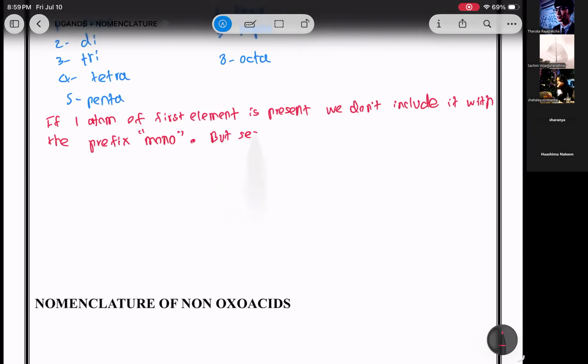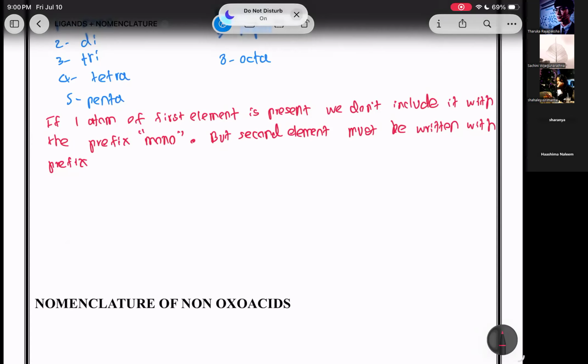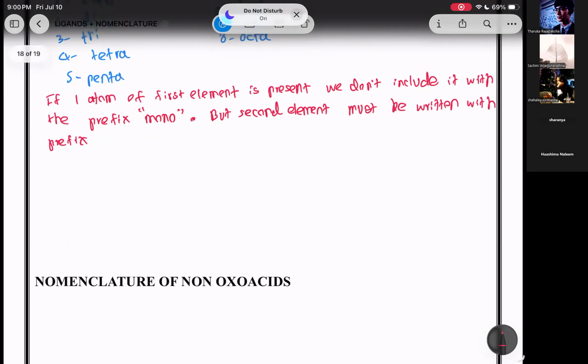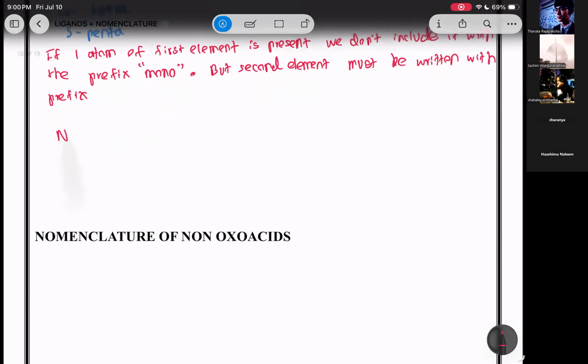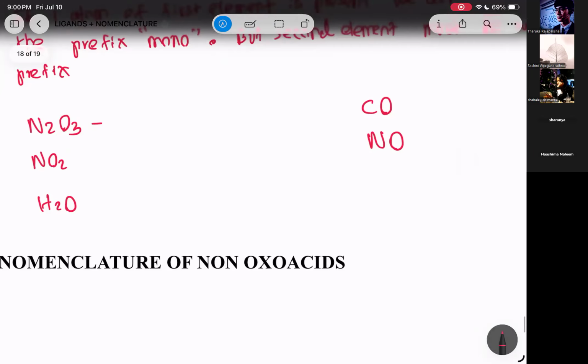But the second element must be written with the prefix. Right? So you have N2O3 as an example. N2O3, NO2, H2O, carbon monoxide, nitrogen monoxide. So this one is easy.